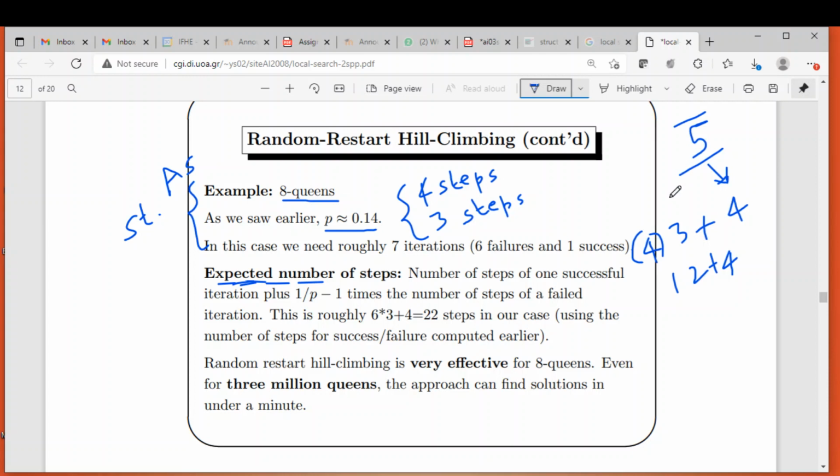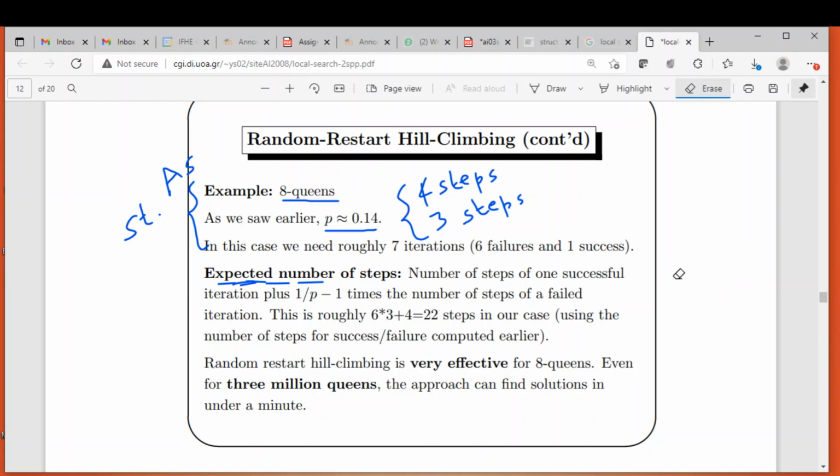But the remaining 4 times it got stuck somewhere. So that 4 is multiplied with 3. So in total, what we get is 16. But if you don't know the total number of times, then how will you find that? That's what we are going to discuss here.